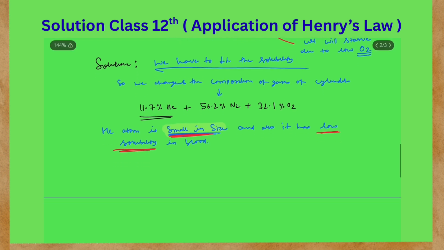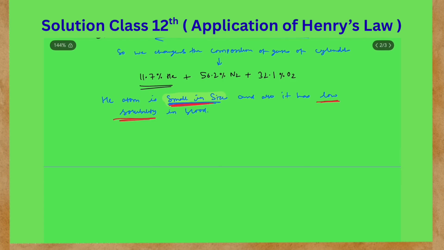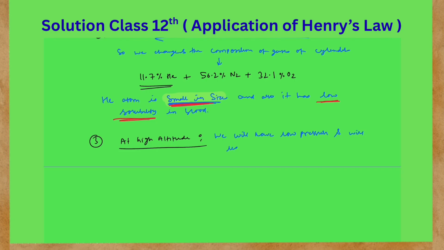Moving to the next application, which is the third one, which is at high altitude. Now what is the problem at high altitude? The problem is very simple. At high altitude, we will have low pressure. Just because of low pressure, it will lead to low solubility of oxygen gas in blood.